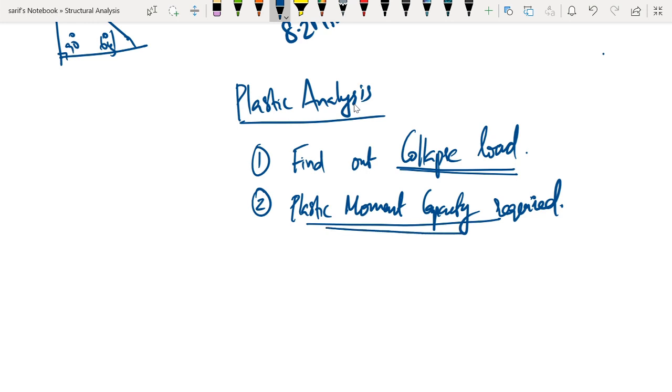So basically we have 2 types of problems coming. First type is we need to find out the collapse load. Second type of problem is we need to find out the plastic moment capacity required. These are the 2 types of problems that we have to address. So let us try to see how to find this out.